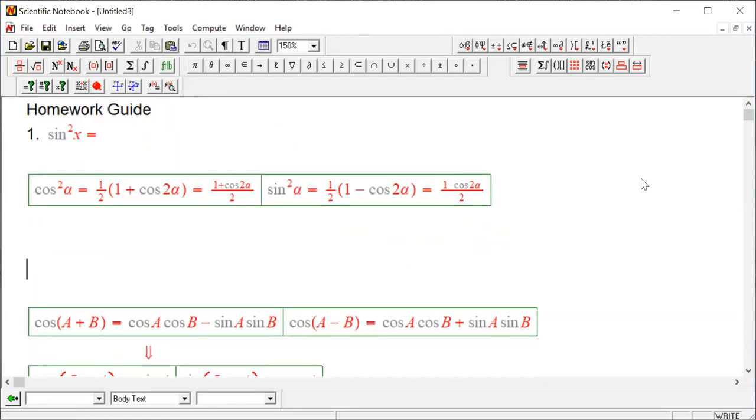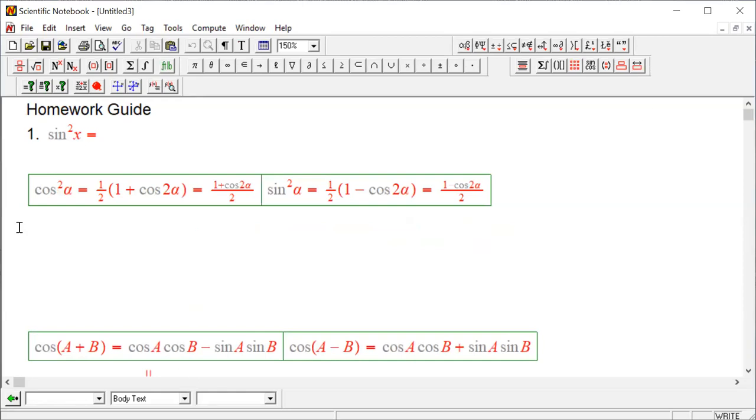From the double angle formula, we derived that cosine squared alpha equals 1 plus cosine 2 alpha divided by 2. In this case, the power has been reduced from 2 to 1. For sine squared alpha, the power was 2. Now the power is reduced to 1 or 0.